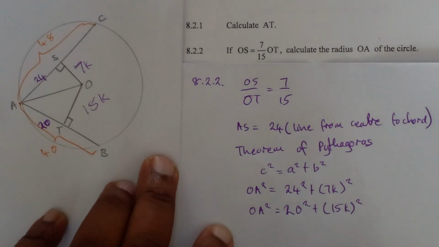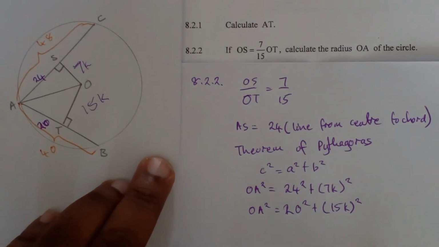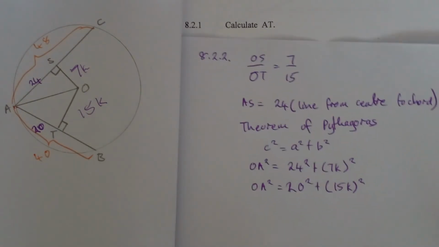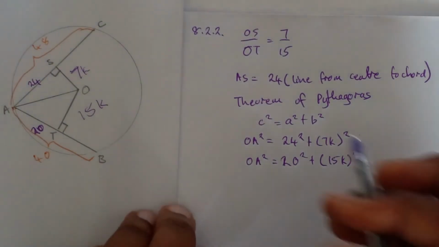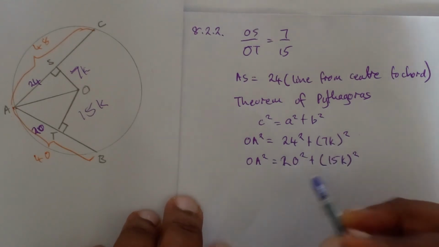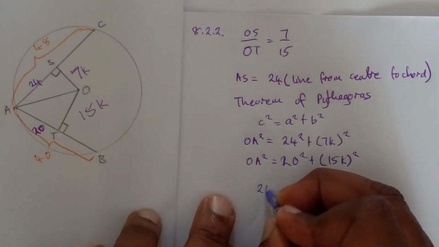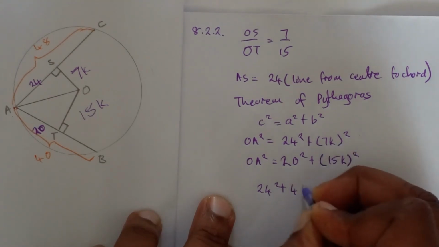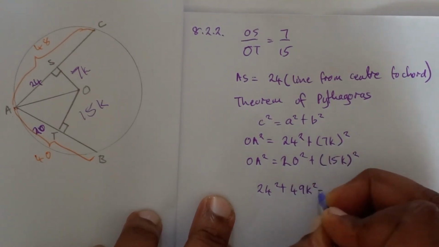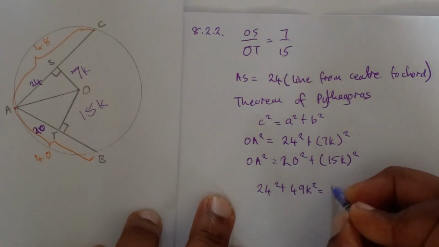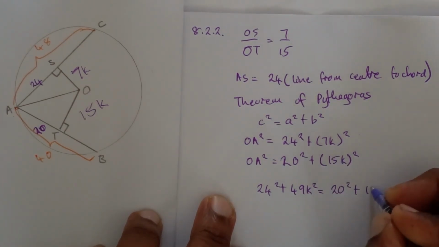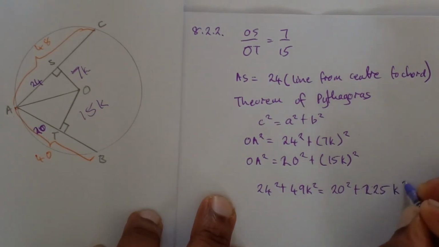Now, what can we also say as a result? Both are equal to OA squared. So 24 squared plus, let's square this out already, 49k squared should give me the same answer as 20 squared plus 225k squared.